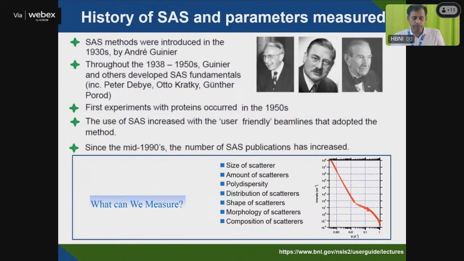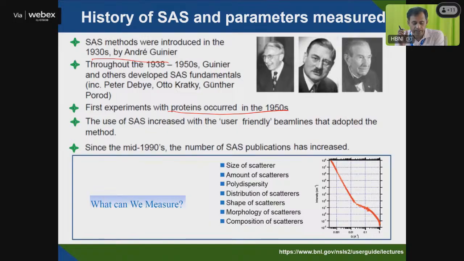If you see the history of small angle scattering, Guinier first, in 1930, predicted and introduced this method. Then from 1930 to 1950, Guinier and others developed the fundamental theories of small angle scattering. The first experiment was with protein in 1950, where protein structure analysis was performed with this technique. It is very user friendly and beamline adaptable.